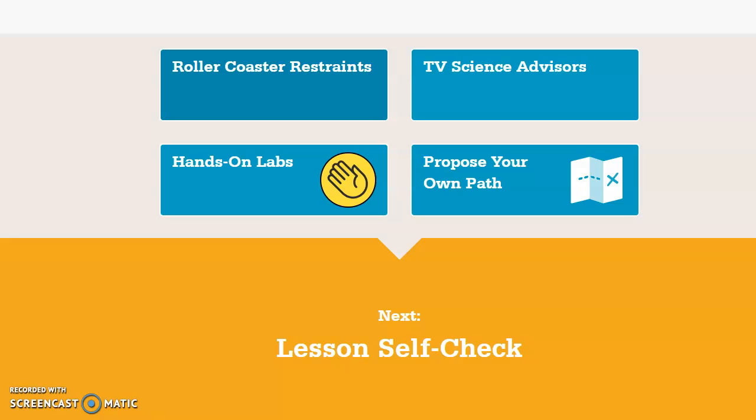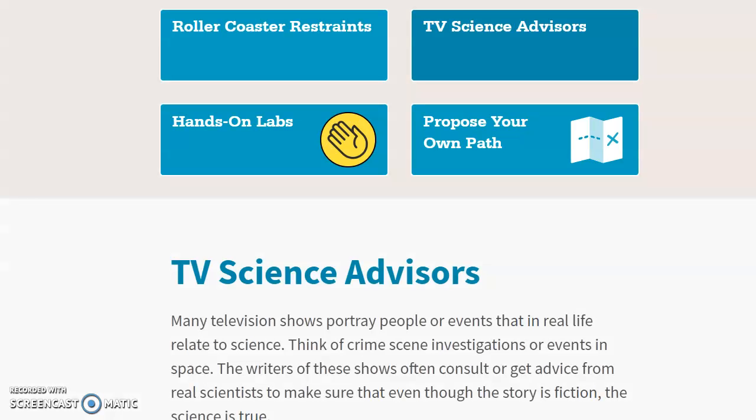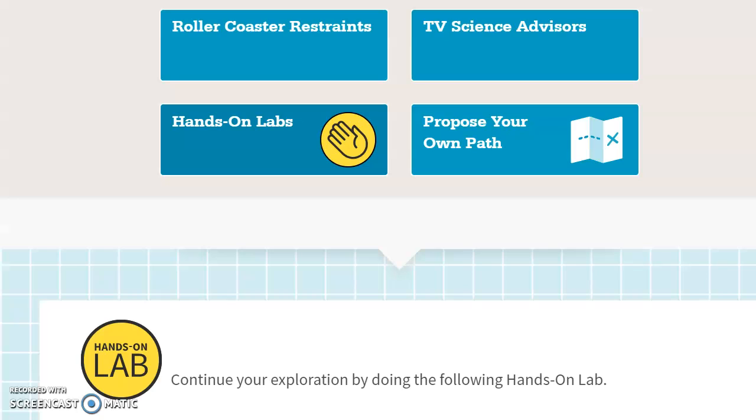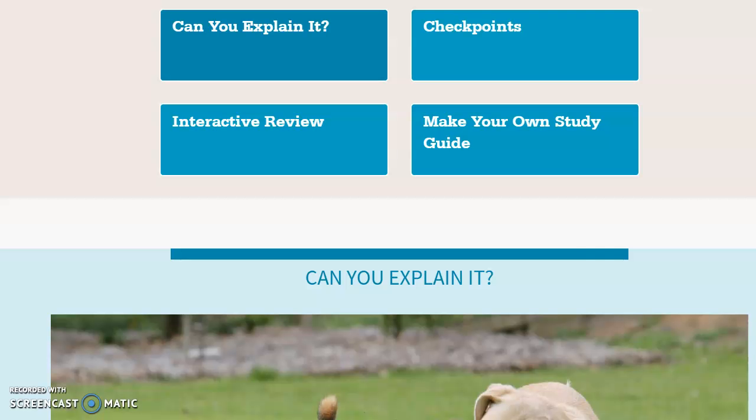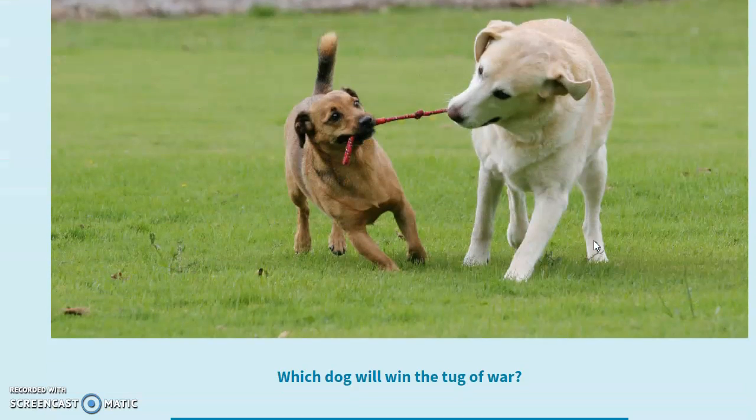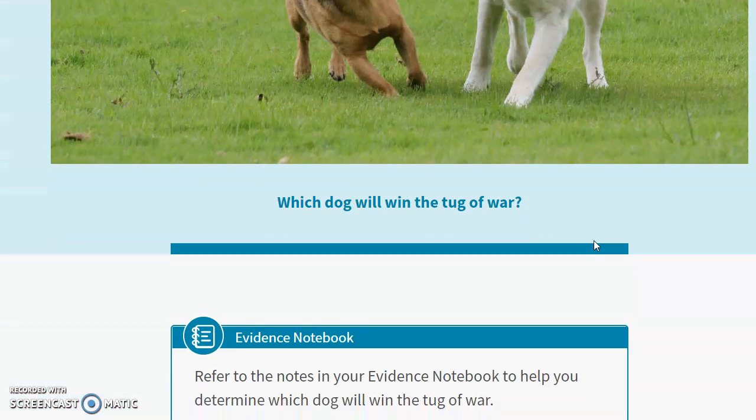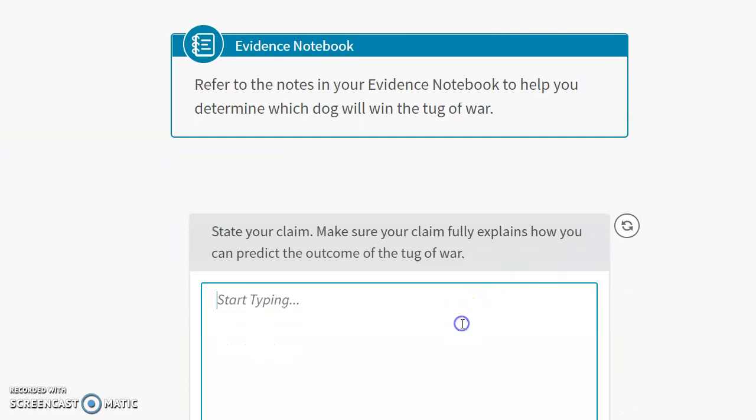Okay, we're going to move on to the self-check. Because we've done roller coaster restraints, we don't need to do TV science or hands-on lab or proposing our own path. We have to explain again which dog will win the tug of war.